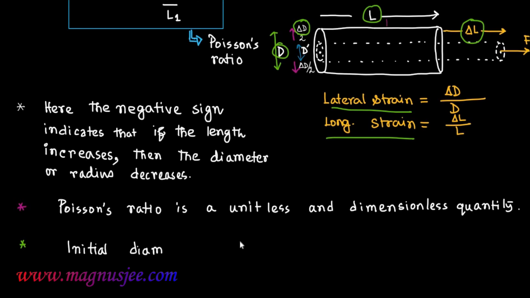Poisson's ratio. The initial diameter of the wire is d1 or d. D equal to 2r, where r is the initial radius of the wire.